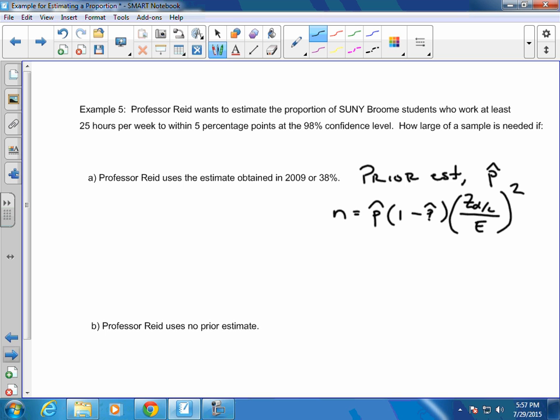Basically what we're doing is sort of working backwards from, or solving, the margin of error formula. So here's the formula that we need if we're going to have a previous estimate.